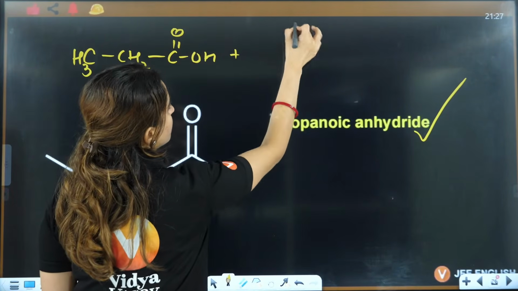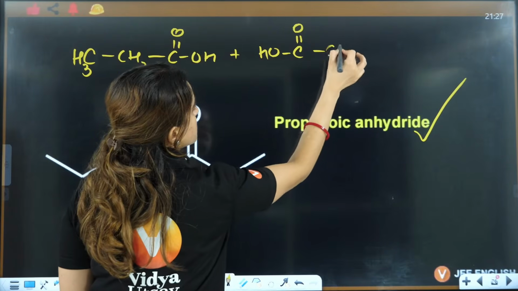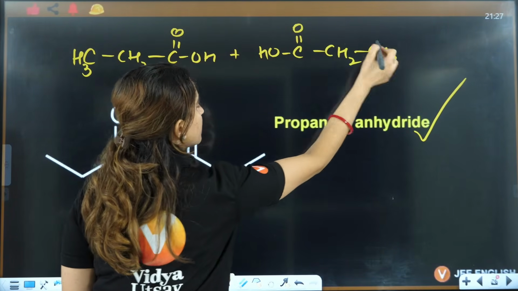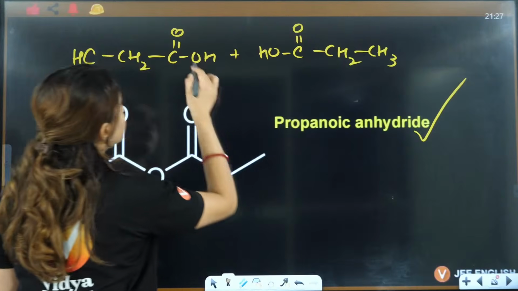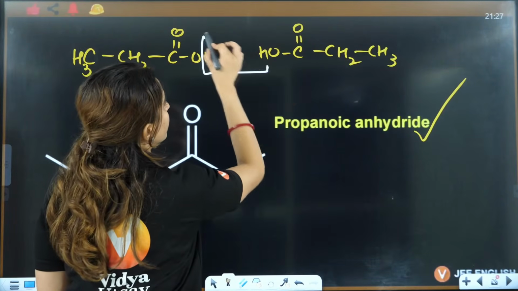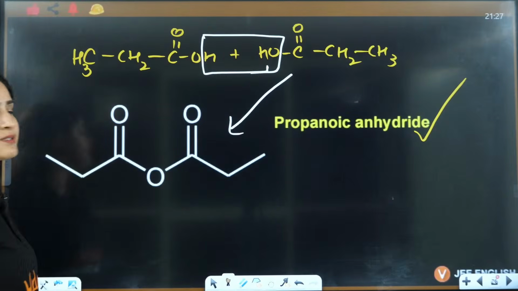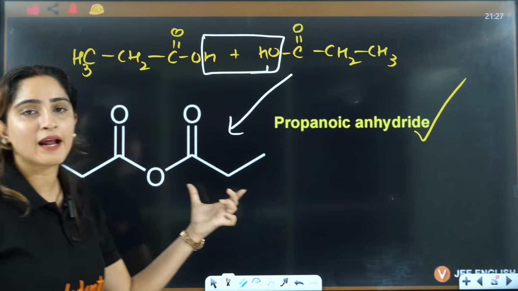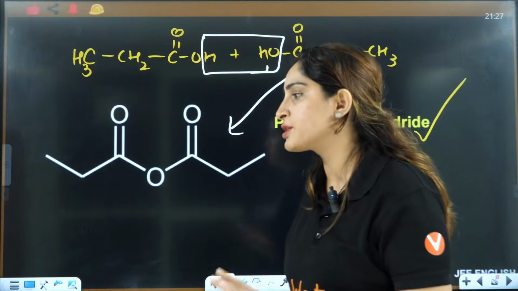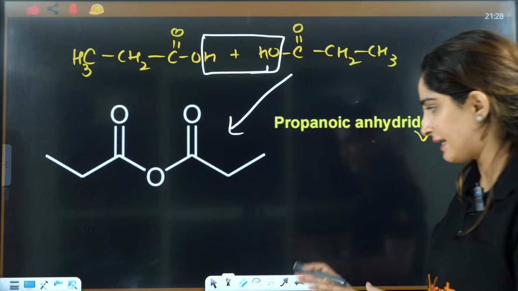Similarly, you will have C double bond O, OH, CH2, CH3. Isn't it propanoic acids? Now, when you take water from here, you will have the formation of this anhydride. Because this anhydride is made up of two propanoic acids, it is called propanoic anhydride, right?